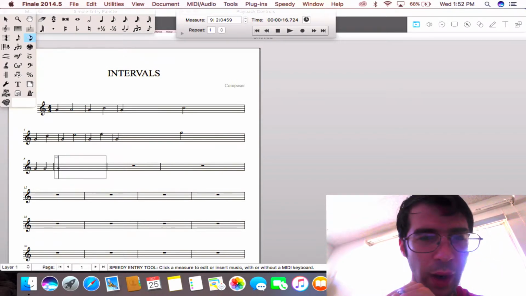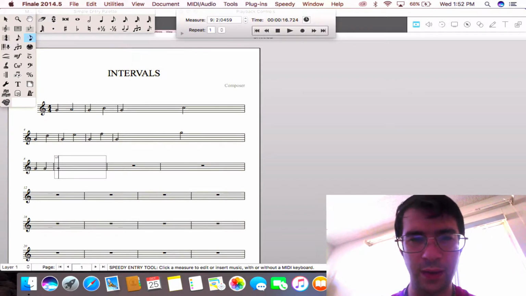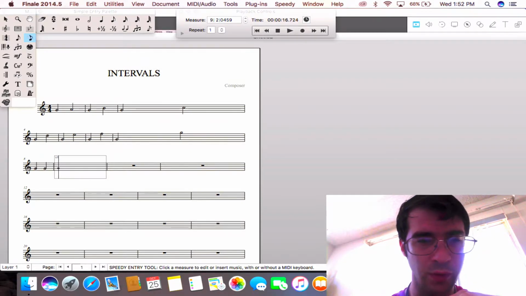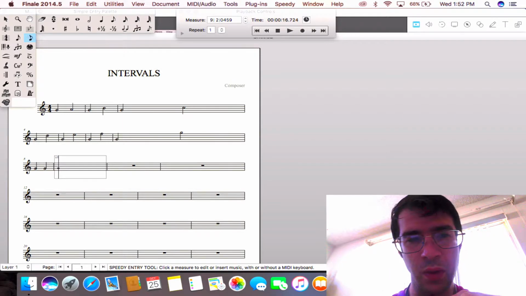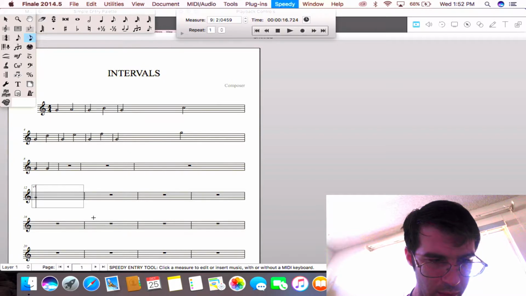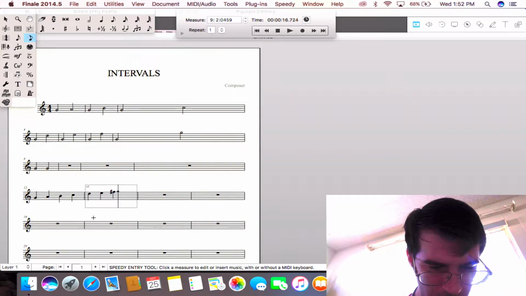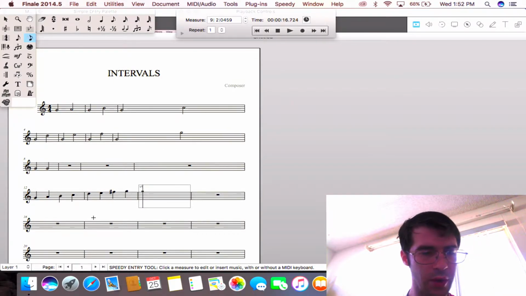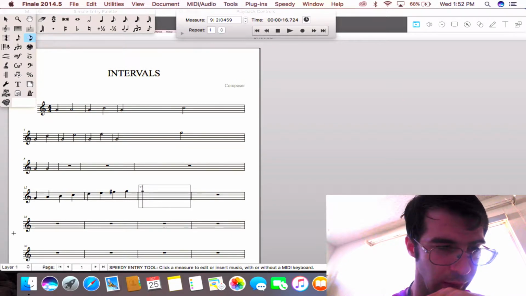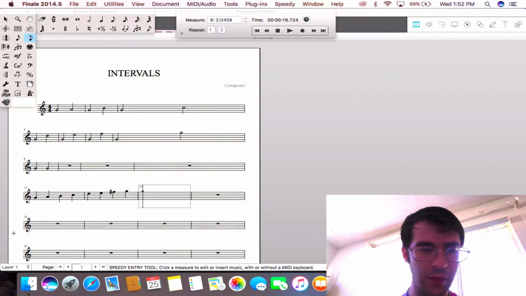And the reason why you hear me say second, third, fourth, fifth, as you will in these interval videos, is because we're talking about what are called scale degrees. When you get into a scale, like the G scale in this case that I just played, each note has an assigned number or solfege or something of that nature.